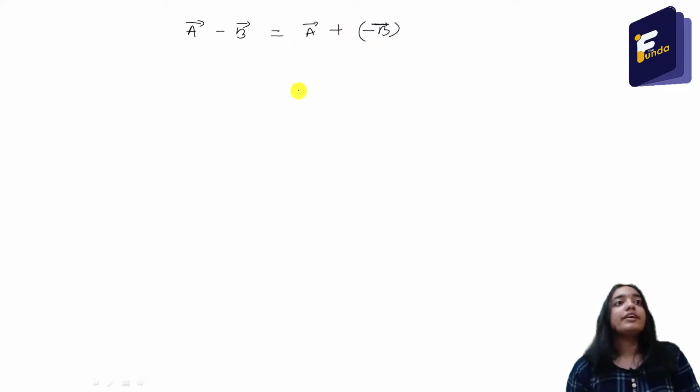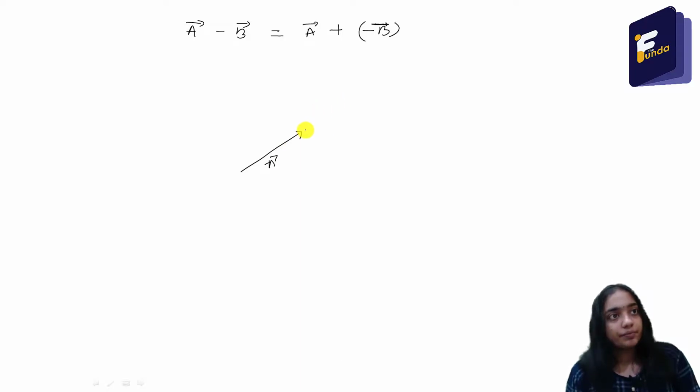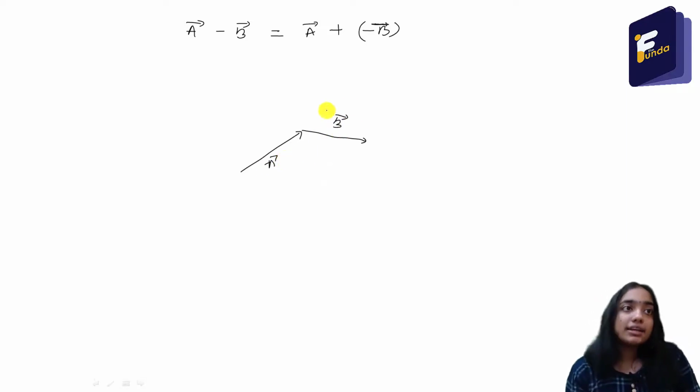So how can we graphically represent the thing? So if this is a vector, and say this is b vector, we are going to add minus of b vector to a vector to get a vector minus b vector.